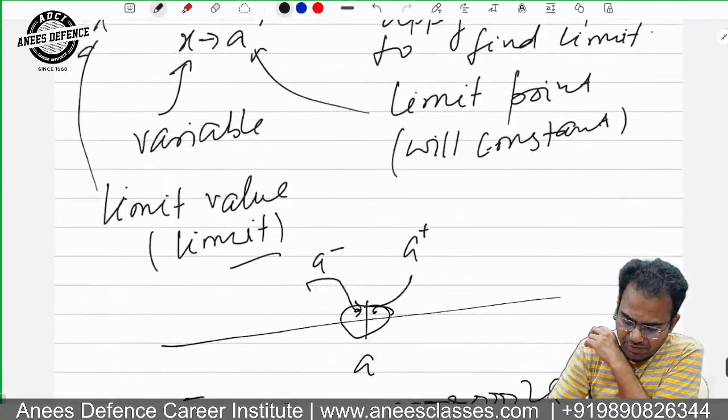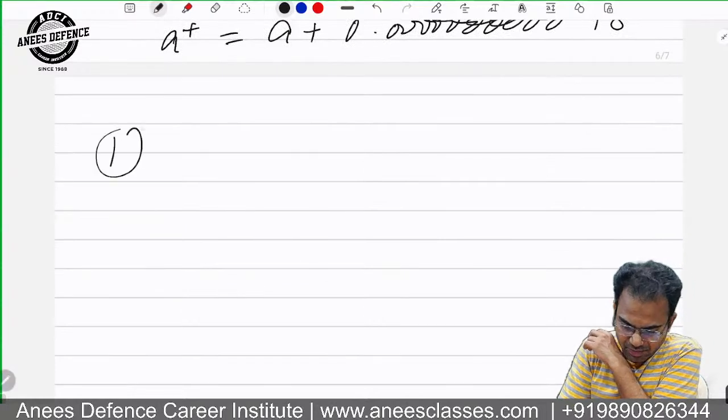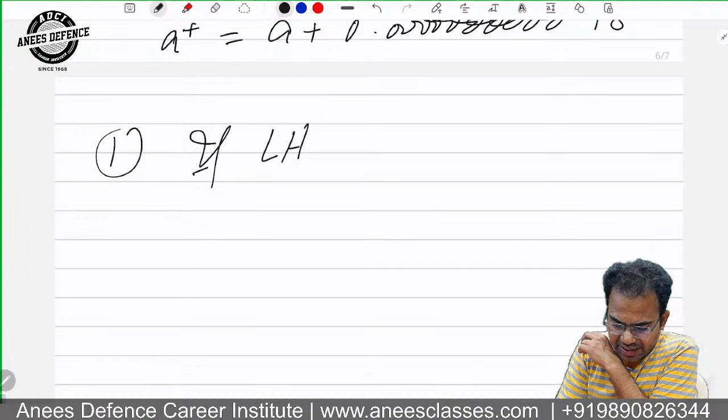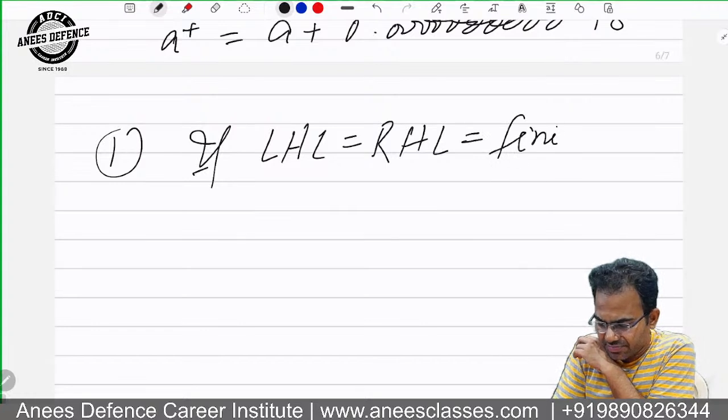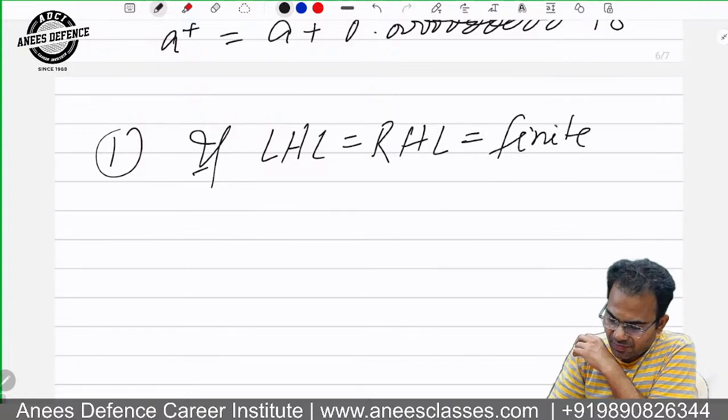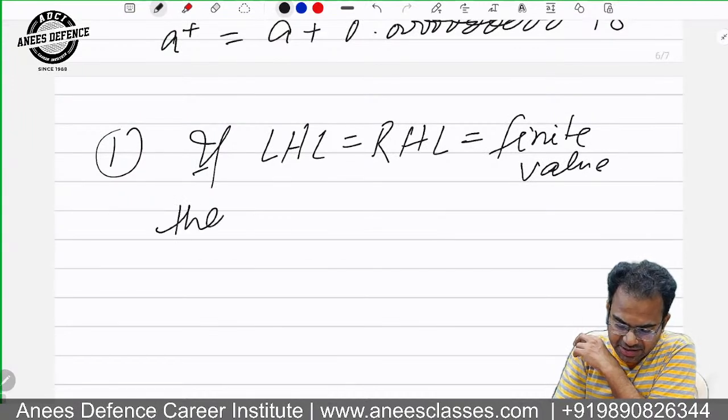L is the limit value. Now, if LHL equals RHL equals a finite value, then the limit exists.